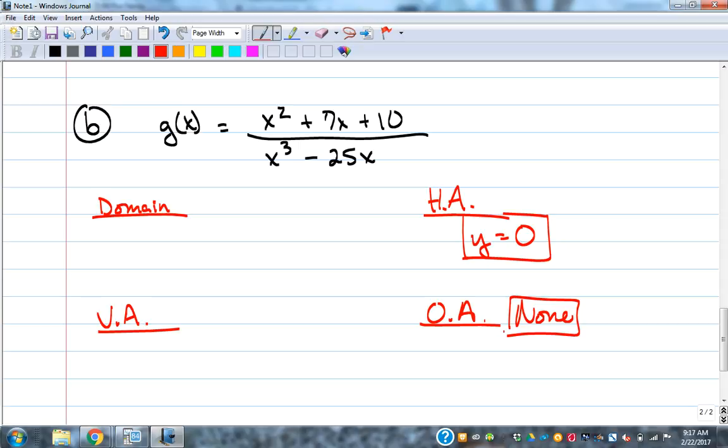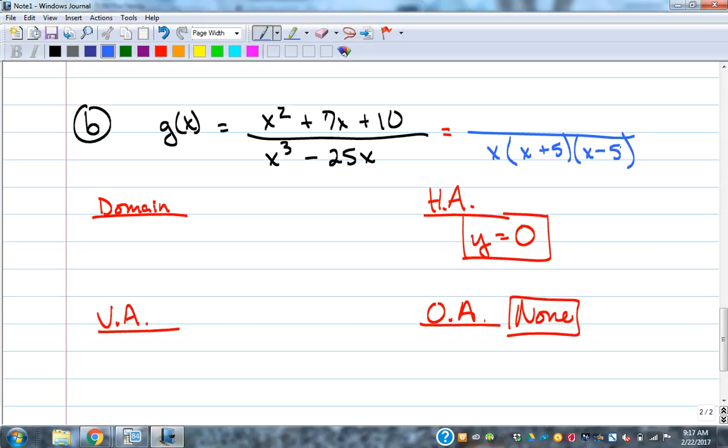Domain, how do we find that? If I've got a denominator with x cubed minus 25x, I bet it factors. But x squared minus 25 will factor itself too, to x plus 5 and x minus 5.